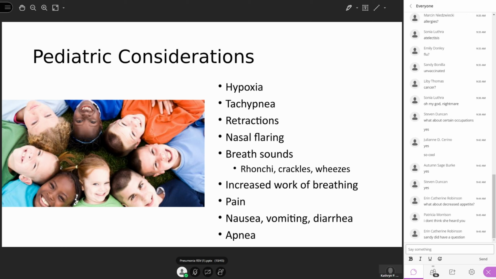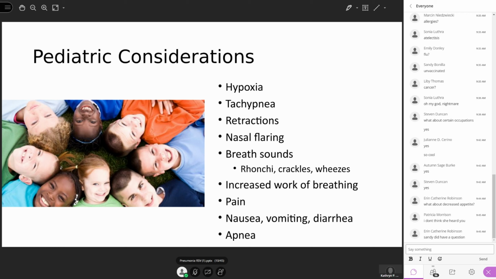And a 3 or 4 year old shouldn't be breathing in the 40s. Breath sounds, again, all of those adventitious breath sounds that you're going to hear, nasal flaring, you're going to see increased work of breathing. You can see retractions, substernal retractions, pain, nausea, vomiting, diarrhea, and you can see apnea.